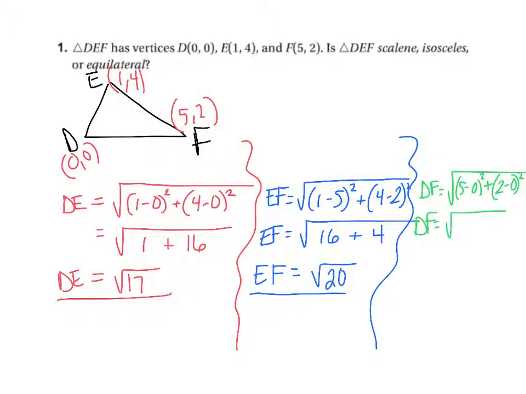So that's going to end up 5 squared, that's 25, plus 2 minus 0 squared, that's 4. I'm left with DF equaling the square root of 29. That's another different side length. All 3 of them were different. All right, so which type of triangle do I have? Scalene.